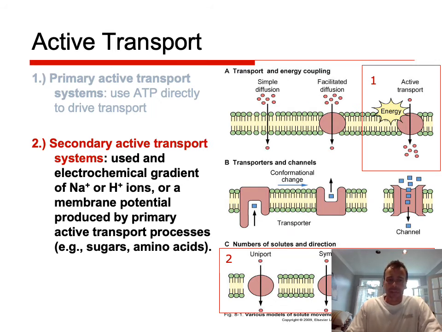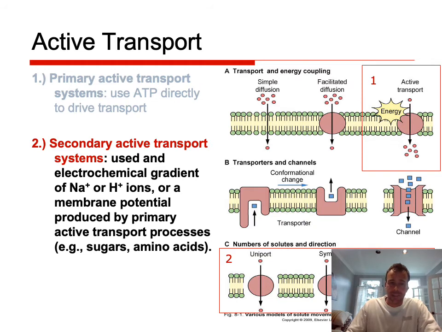Another type of active transport, as I mentioned, is secondary active transport. These use electrochemical gradients or membrane potentials produced by primary active transport processes. They can be either uniport, where they're moving one molecule across, symport, where they're both going in, whereas antiport, one's going in and one's going out.